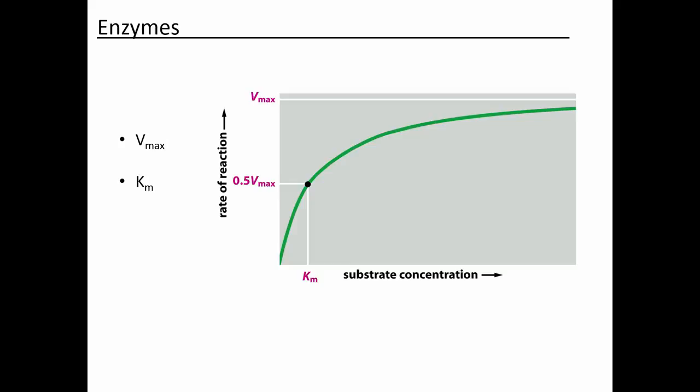Okay, and what that means is that the way that you would do this assay to determine Vmax is you would have several separate test tubes, each with a constant amount of enzyme in it, and then you would add increasing concentrations of substrate.